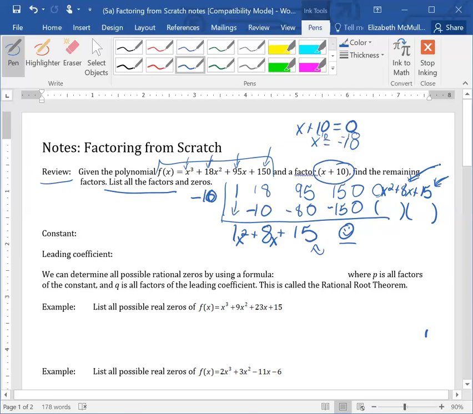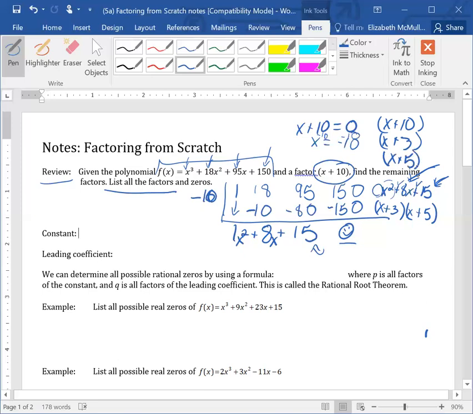If you're thinking, hey, well, 3 and 5 will do it, exactly. So I'm going to say 3 and 5. These are both positive, so this is going to be plus, and this is x squared, so I just say x and x. All right, so all of my factors are x plus 10, x plus 3, and x plus 5.